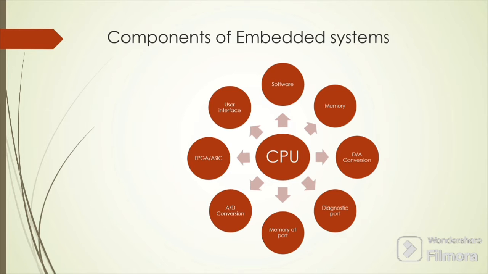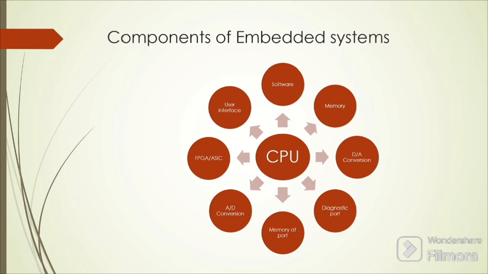And coming into the next one, PIC microcontrollers. So particularly in this project we are using the PIC16F877 microcontroller. It is provided by the Microchip company. It is one of the most used microcontrollers in the industry, particularly the automotive industry.